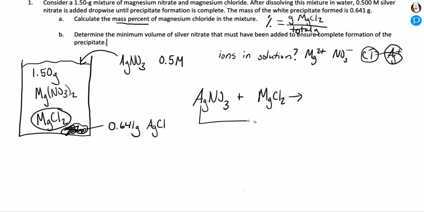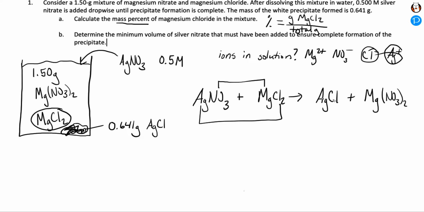So again, we're going to have the silver going with the chloride, and the magnesium is going with the nitrate here. So AgCl and Mg(NO3)2, which is going to be like this because magnesium's plus 2, NO3 is minus 1, so I'm going to need 2 of those nitrates.